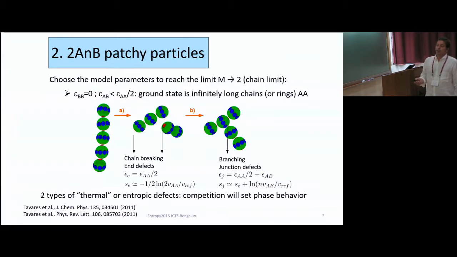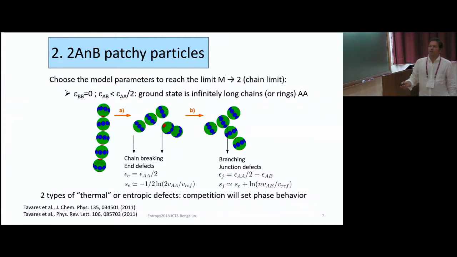And then you have another possibility. Once you have broken a chain, you can pick one of these ends and connect it to a B to make an AB bond. And so you create a branched structure, a Y or a T junction, and we call it a junction defect.